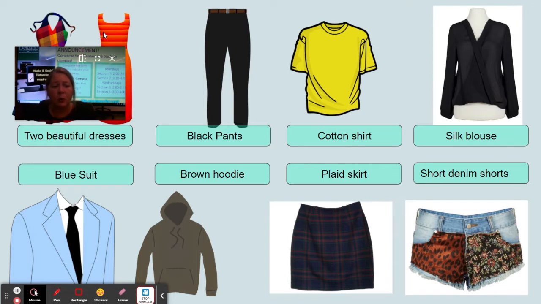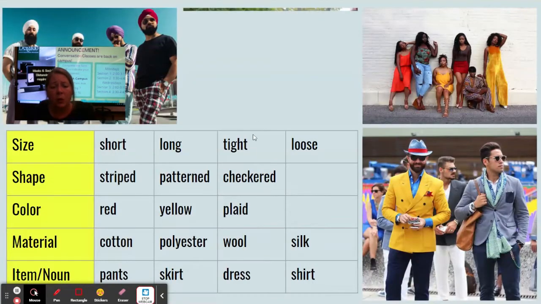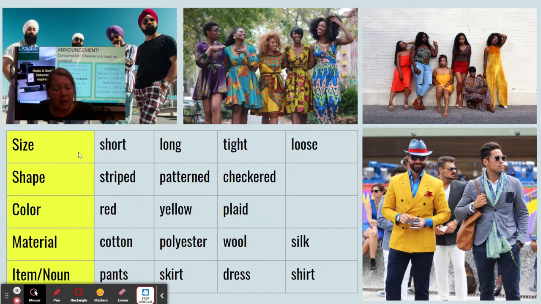So we just have your basics here. We have 2 beautiful dresses, black pants, cotton shirt, silk blouse, blue suit, brown hoodie, plaid skirt, and short denim shorts, right? So we have them in the order that they're supposed to go in. Again, you should only use maybe 2, sometimes 3 adjectives in a row.